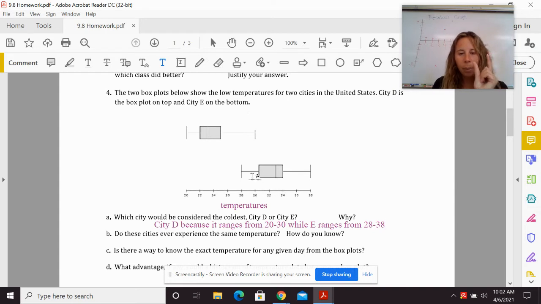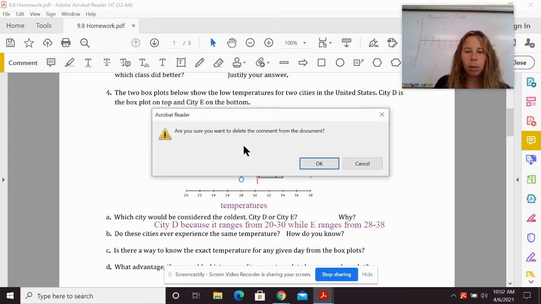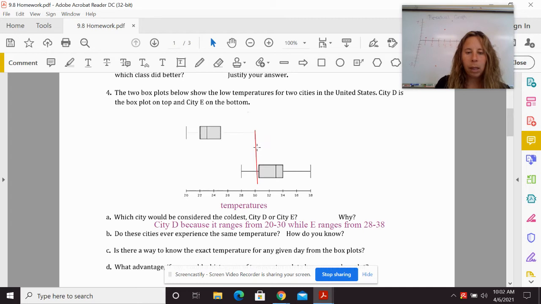So they overlap in that 28 to 30 range. That's where they overlap. So, yes.